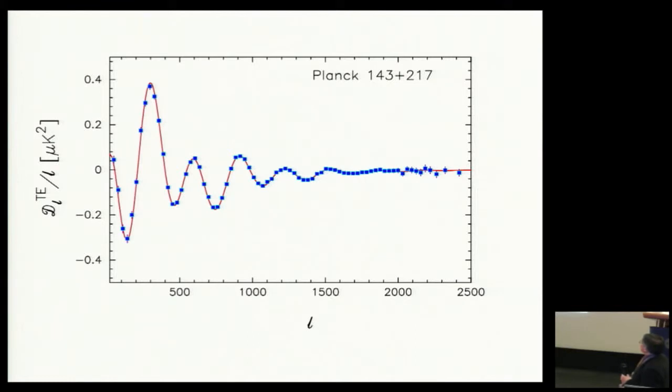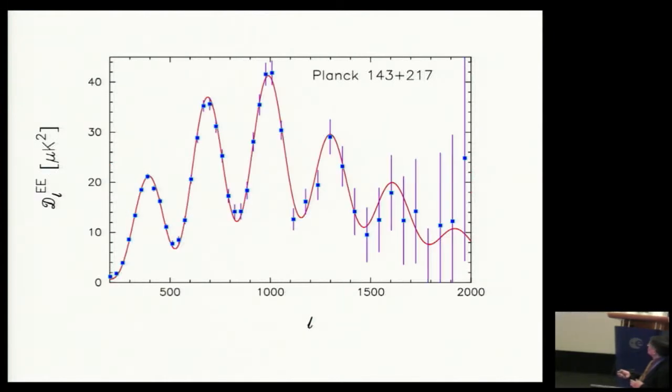Then this is the TE spectrum. And as Matthew and Simon said, the red line here is not a fit to these data points. It's computed from the best fit model to the TT spectrum. And that's the EE.